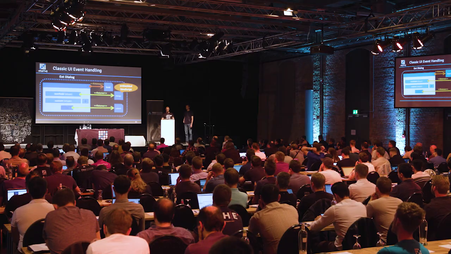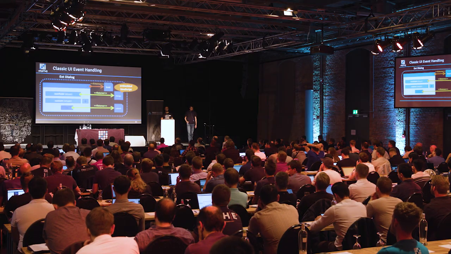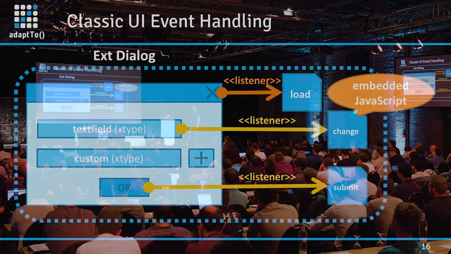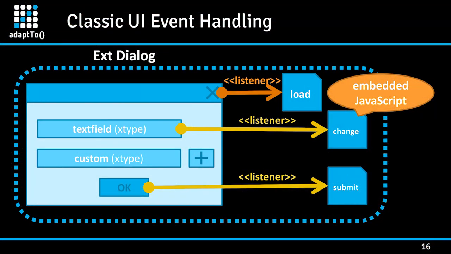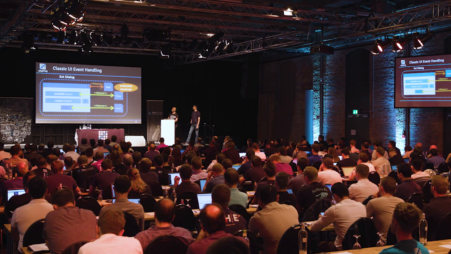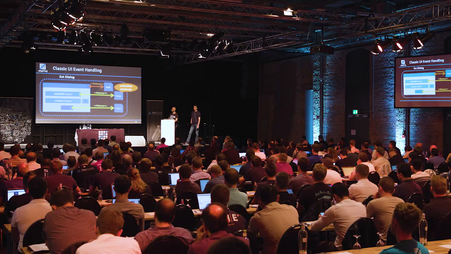So let's make the parallel between the classic UI event handling and, on the next slide, the TouchUI event handling. As again, most of you are aware, in this case we have an XJS dialog. The event handling in classic UI is made through listeners and through embedded JavaScript.